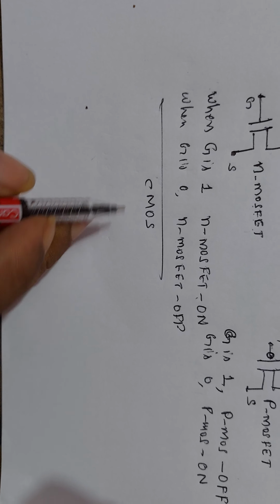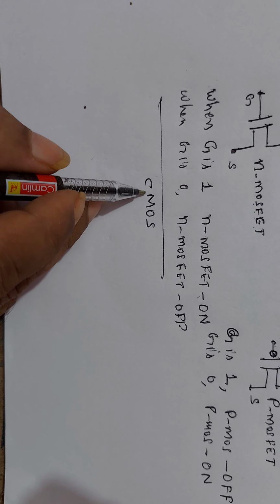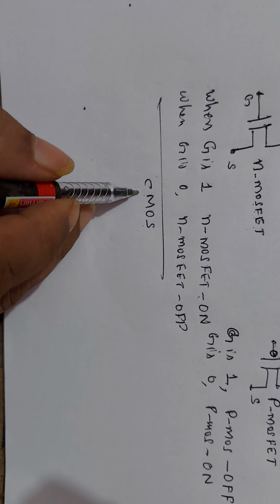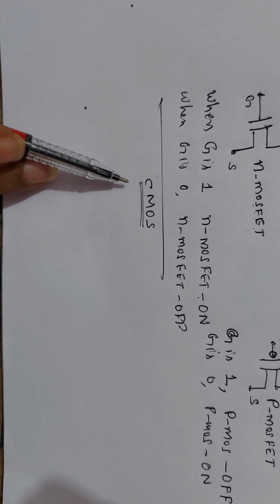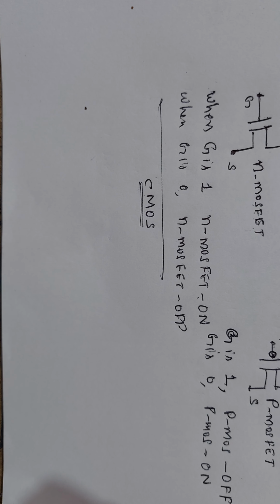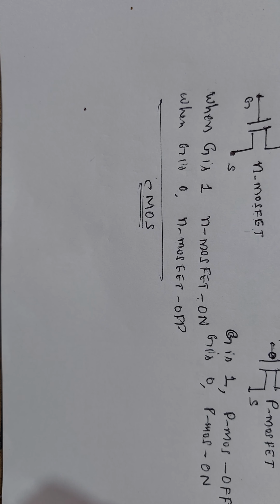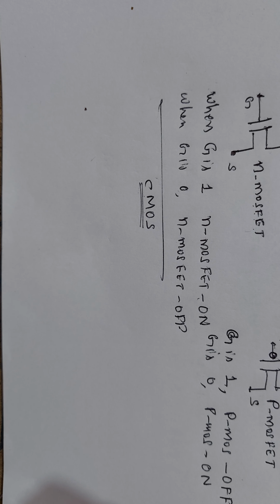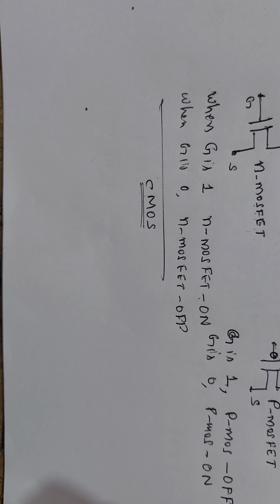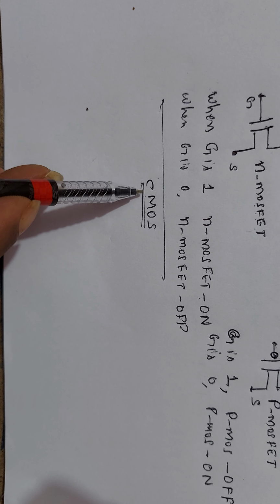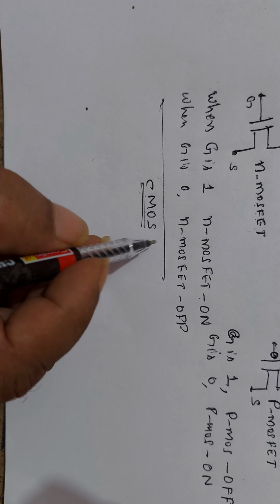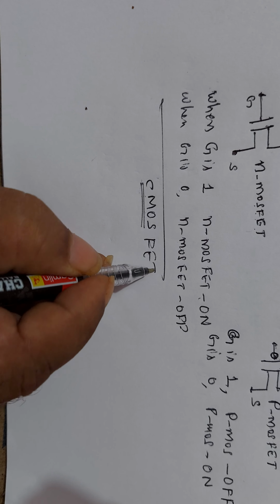CMOS means complementary metal oxide semiconductor. Complementary metal oxide semiconductor is nothing but a combination of both P-channel MOSFET and N-channel MOSFET. Any circuit, if it consists of both P-channel MOSFET and N-channel MOSFET, it is called complementary metal oxide semiconductor field effect transistor.